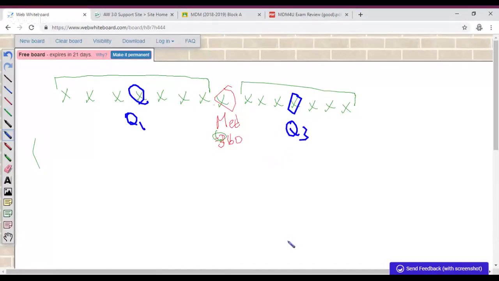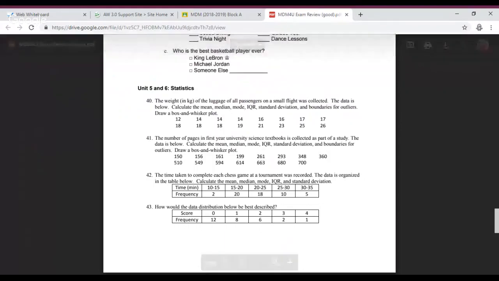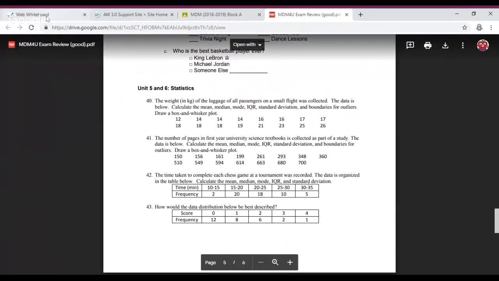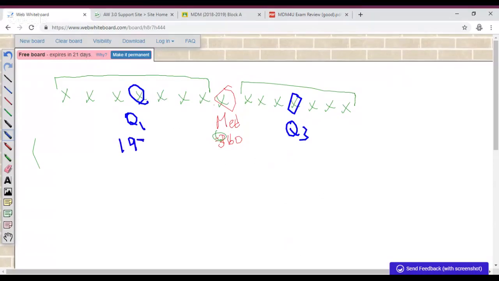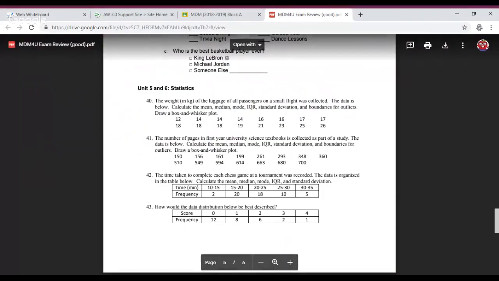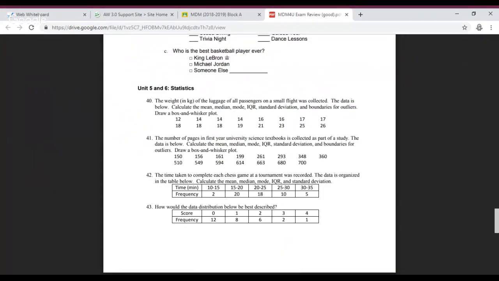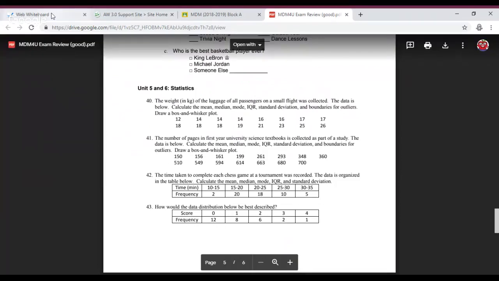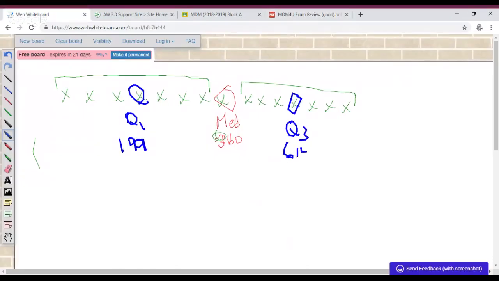Looking at my actual data, 199 is that fourth number, which is Q1. And from the other end, the fourth number is 614. So there's Q1 and Q3.